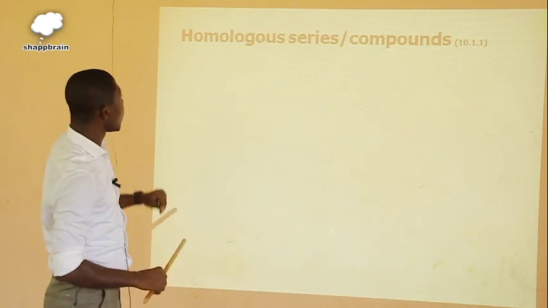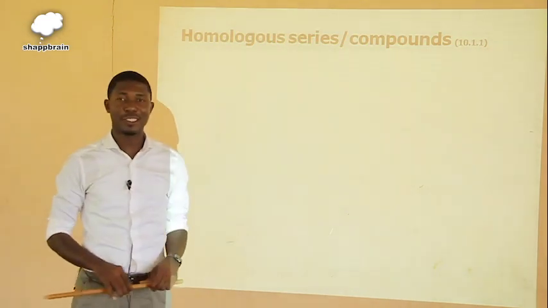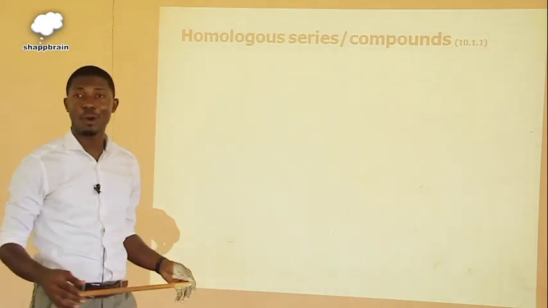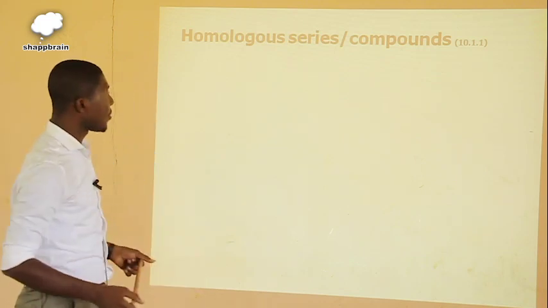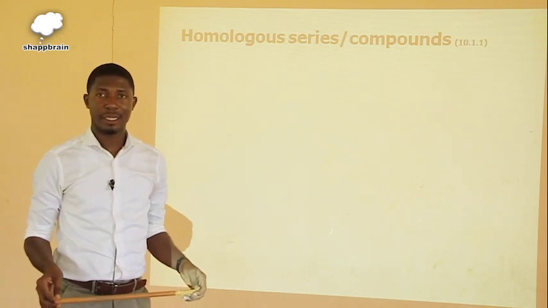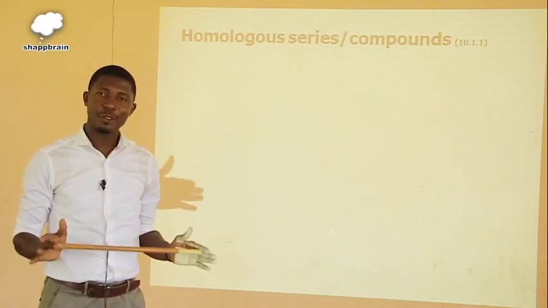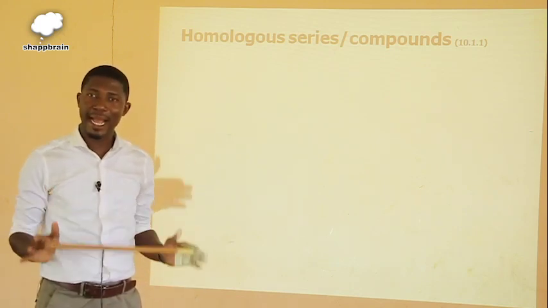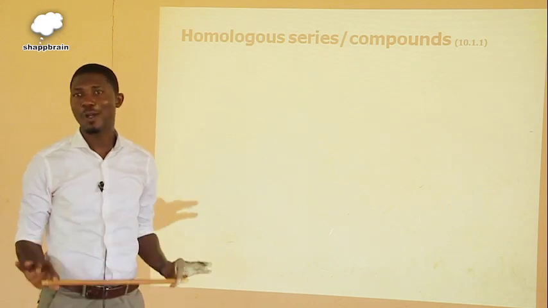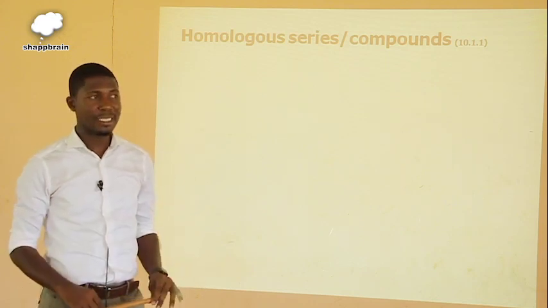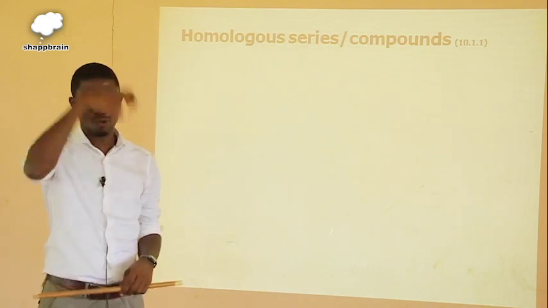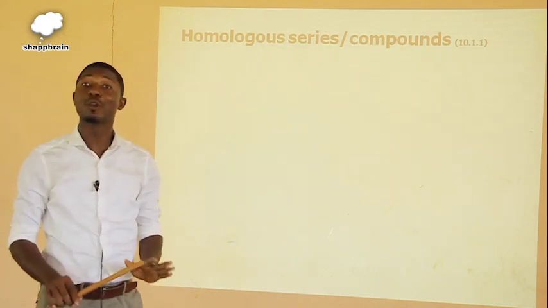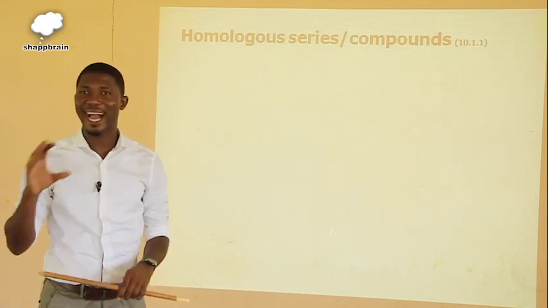Now, we will look at what we mean by homologous series or homologous compounds. Hydrocarbons are compounds containing carbon and hydrogen only, which means constitution-wise, if you want to look at the elements that constitute a hydrocarbon, then we will be looking at only carbon and hydrogen.